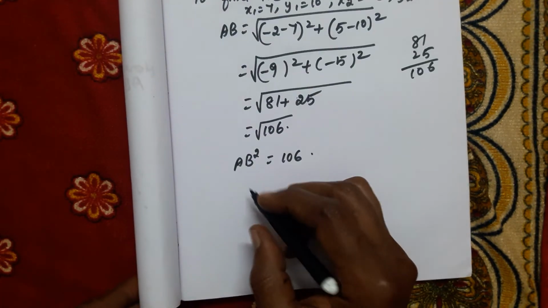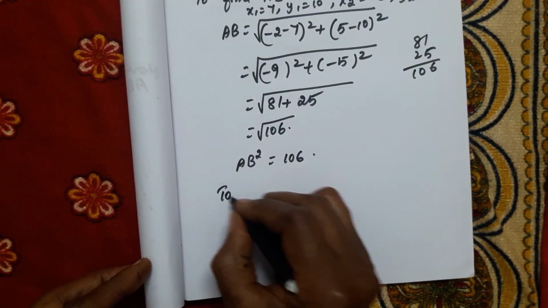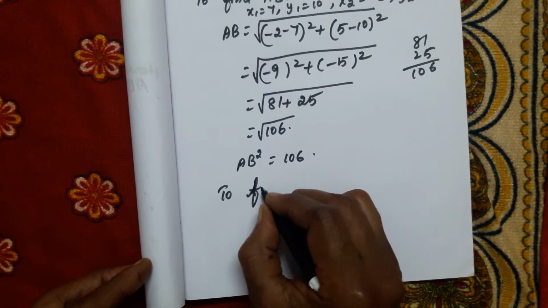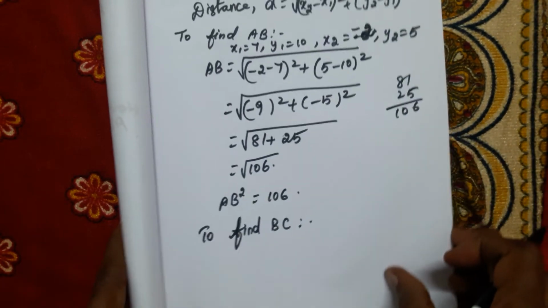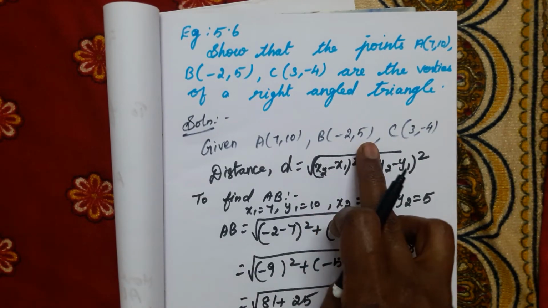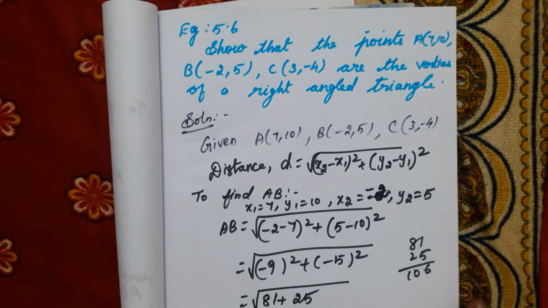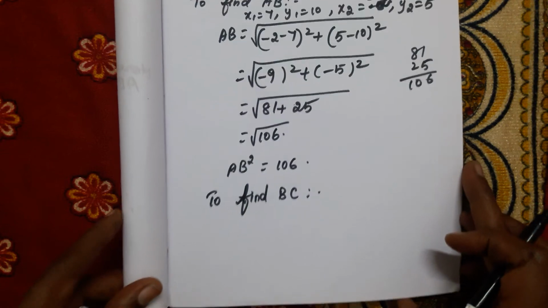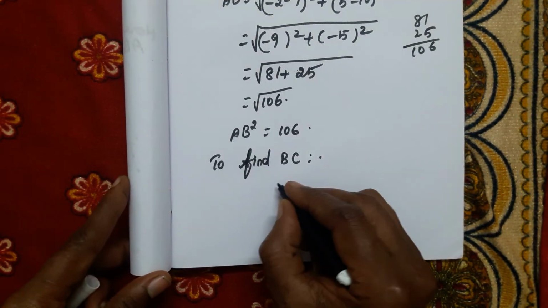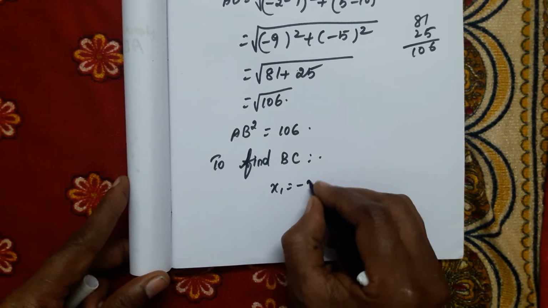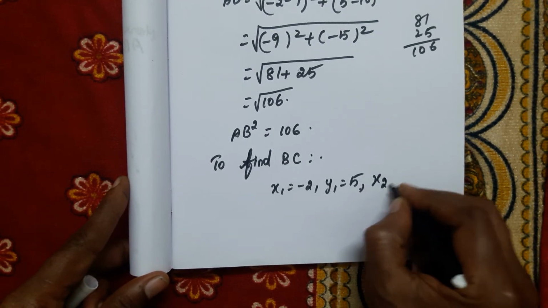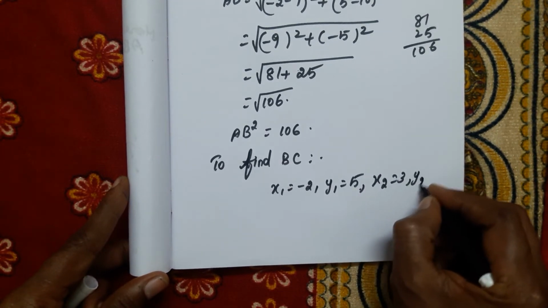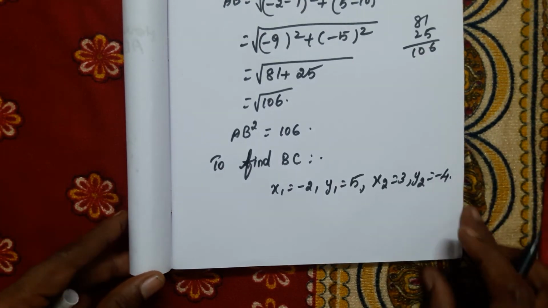Next we have to find out BC. B point is (x1, y1), C point is (x2, y2). So x1 is equal to minus 2, y1 is equal to 5, x2 is equal to 3, y2 is equal to minus 4.